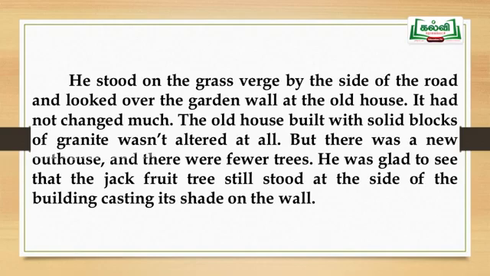But there was a new outhouse and there were fewer trees. He was glad to see that the jackfruit tree still stood at the side of the building, casting its shade on the wall. This is a paragraph taken from lesson 2. Dear children, can you find out some of the adjectives in this passage? Take your notebook and write the adjectives that you can find in this passage.